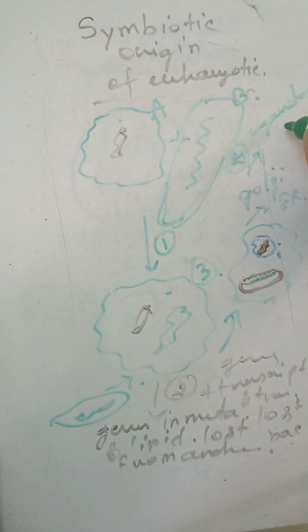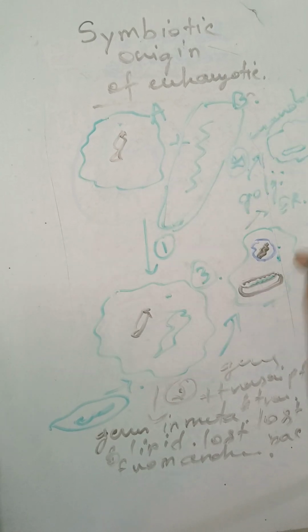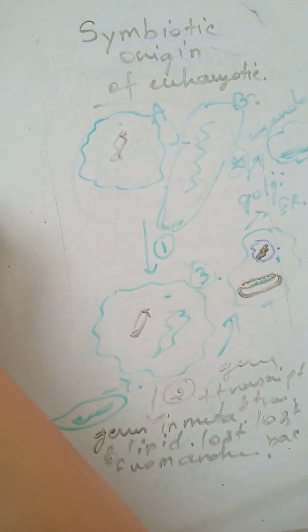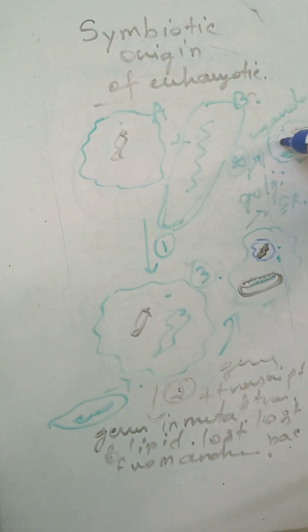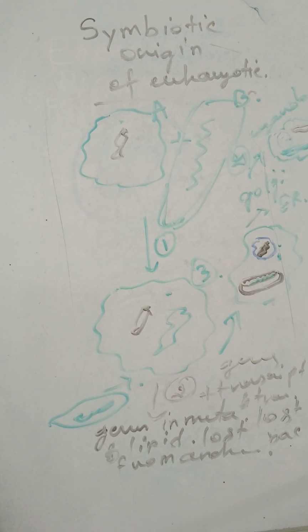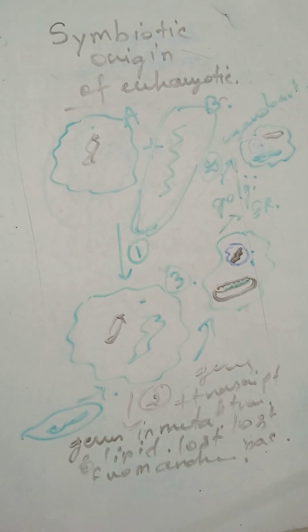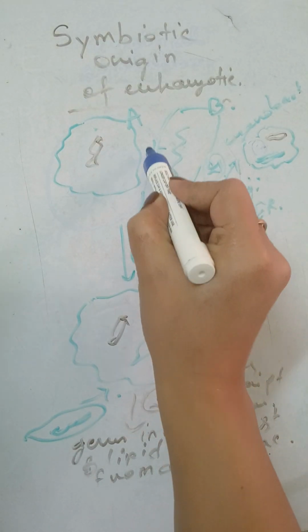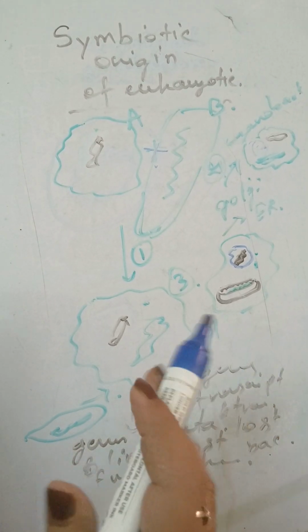That will give rise to a new cell in which there is a mitochondria, a chloroplast, and a nucleus filled with archaean material. So that is how the eukaryotic cell originated with the help of a symbiotic relationship. Symbiosis means there is a fusion between bacteria and archaea, so that is why it is a symbiotic relationship.